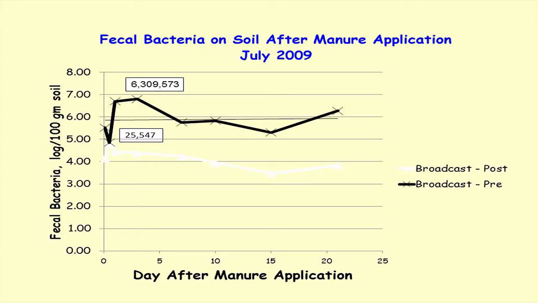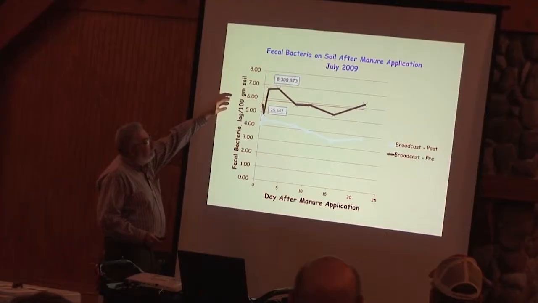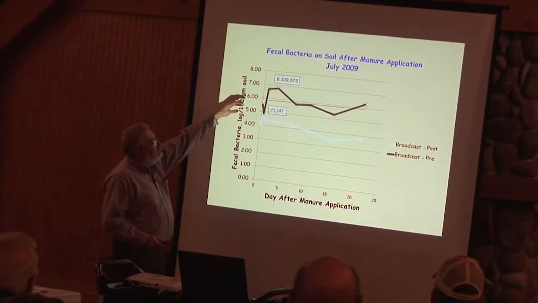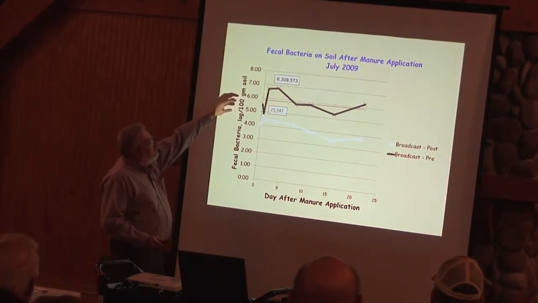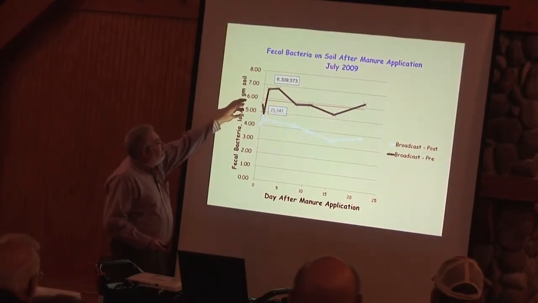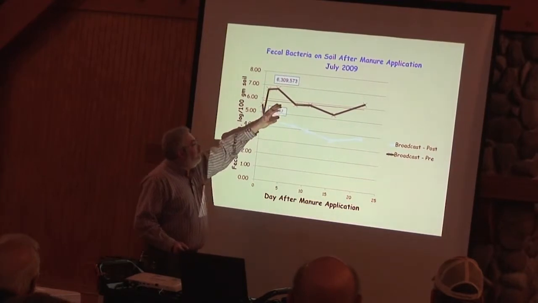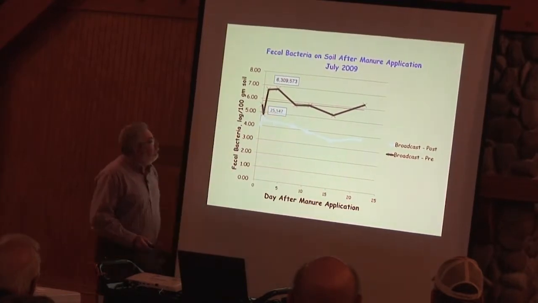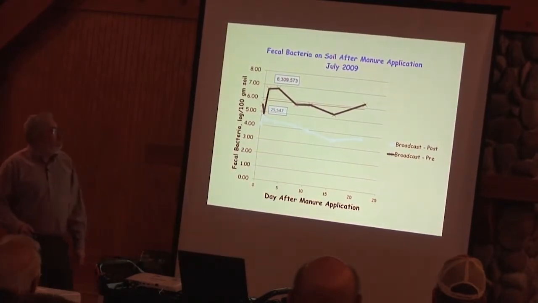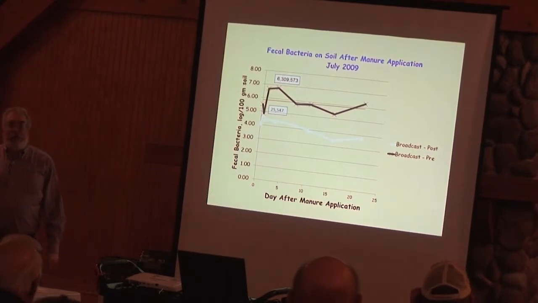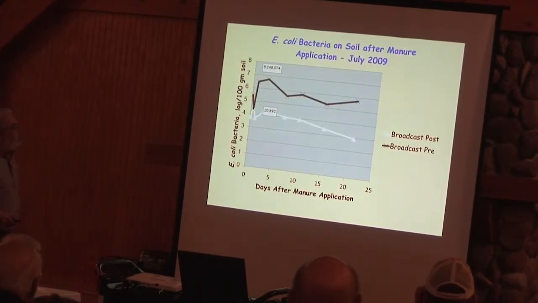Here's some of the data. This is looking at fecal bacteria, so not an actual pathogen, but an indicator. Again, we have pre and post AD. The higher numbers here would be pre-AD, and the white lines here are post-AD. So through anaerobic digestion, you get a reduction in pathogens.